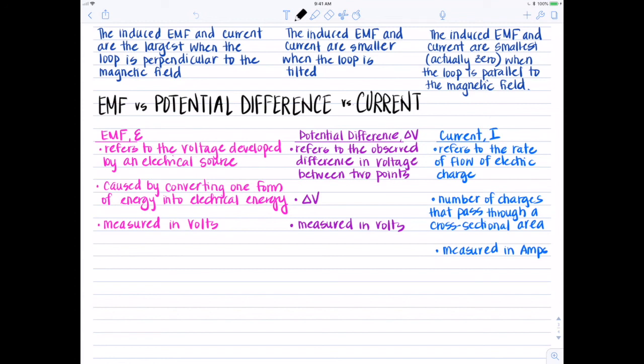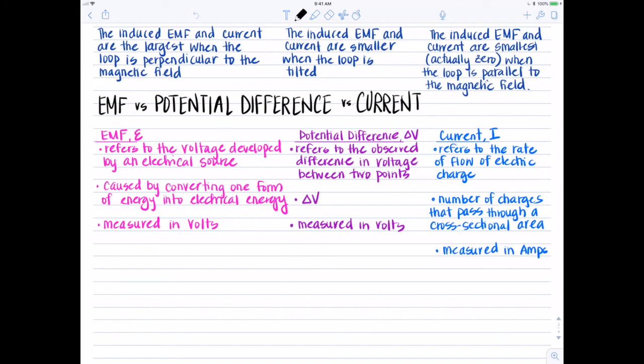Now luckily for us, current is measured in amperes, and EMF is measured in volts, so we have a little bit of differentiation there, but unfortunately sometimes the terms EMF and current are used interchangeably, but there are in fact subtle differences between them, so I just want to reiterate that fact.